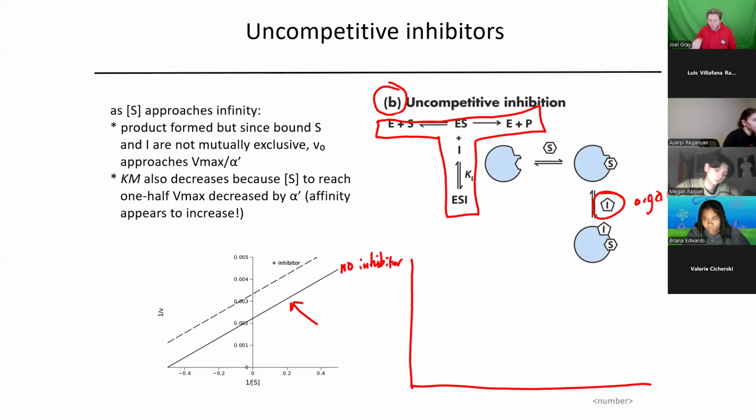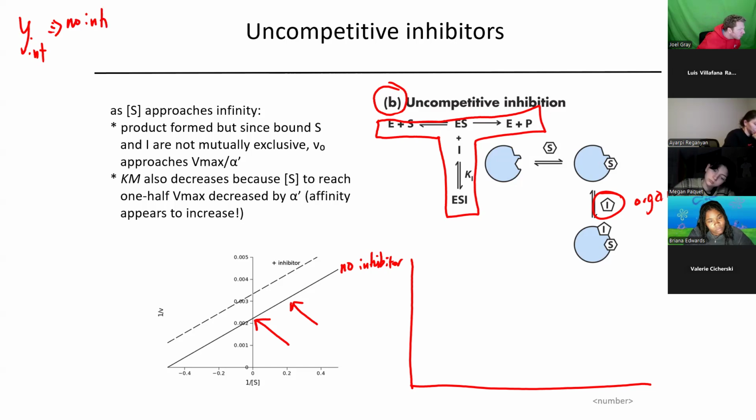Now, in order to see if that molecule does anything, we have to get a baseline. And so that's what this bold line is showing us. That's our baseline where we can figure out our Km and our Vmax. So the first thing that I'm going to do is look at this number right here, my y-intercept. So my y-intercept for no inhibitor. Somebody tell me what they think that number is.